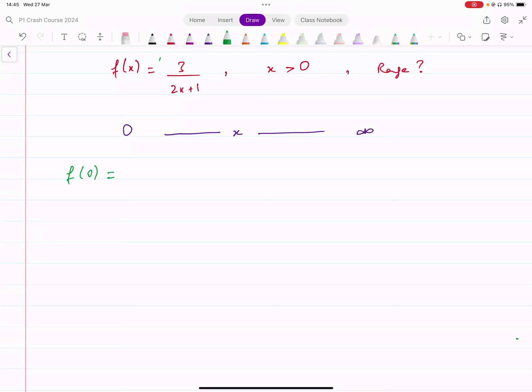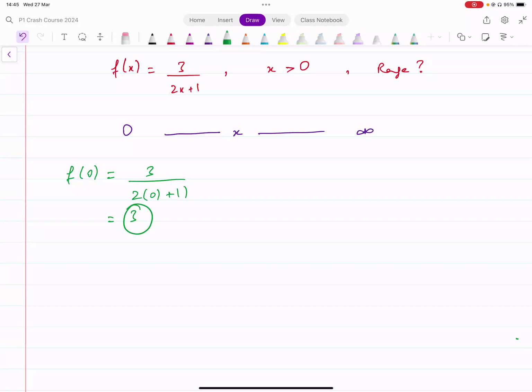Let's see what the function's value at that point is. 3 over 2 into x plus 1. That means 0 plus 1. What do you get from this? 3. So when x is equal to 0, the value of the function, the y value, is 3.